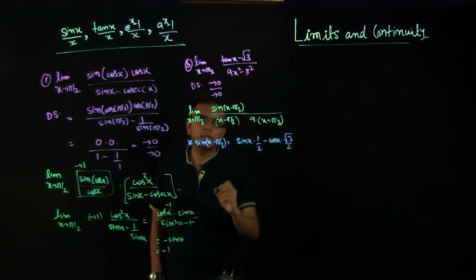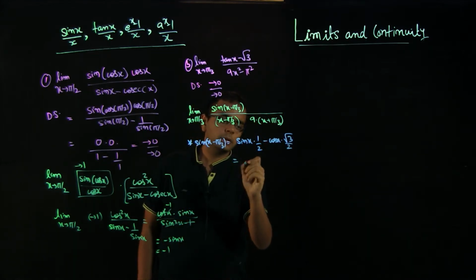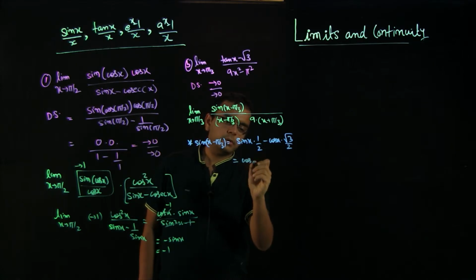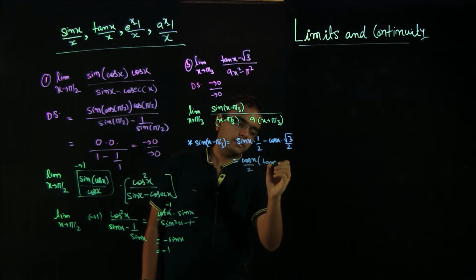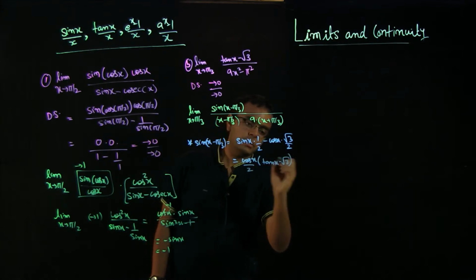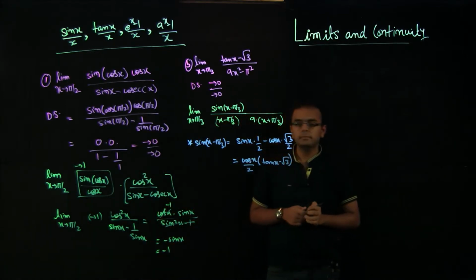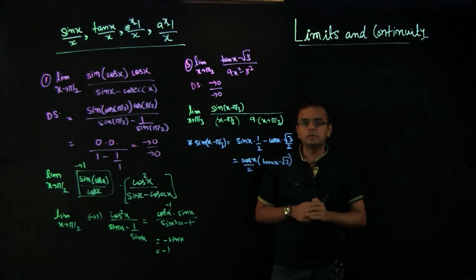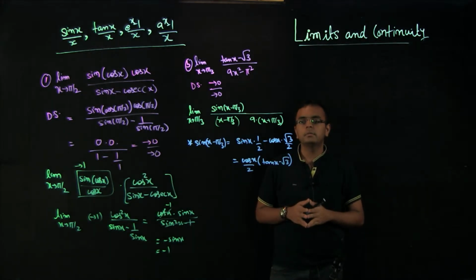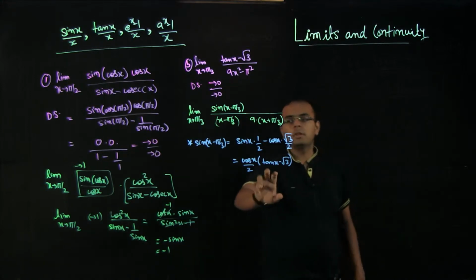So can you see that this is cos of x by 2 into tan x minus root 3, right? I have tan x minus root 3 already here.